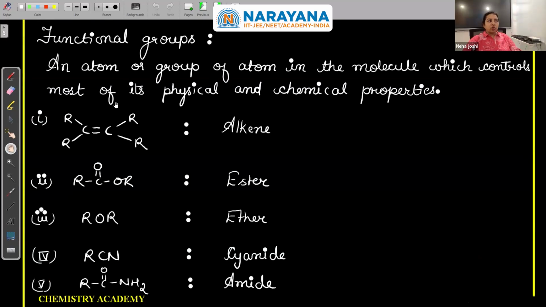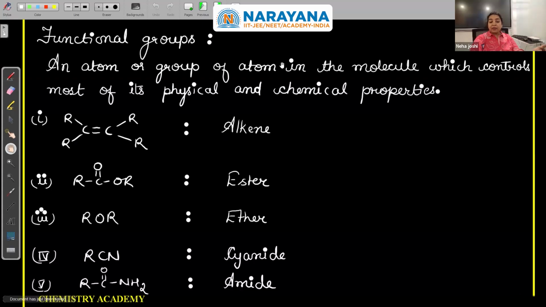Coming to functional groups. An atom or a group of atoms in the molecule which controls most of its physical and chemical properties. As the name suggests, the functional part of the molecule is called the functional group. Okay, the functional part of the molecule is called the functional group of that molecule.